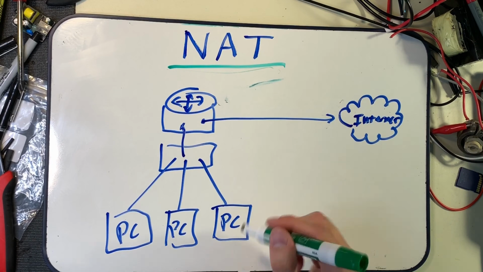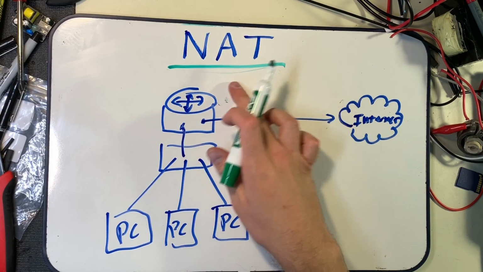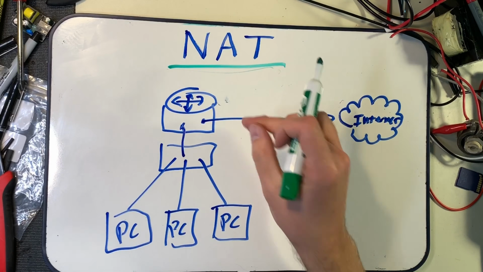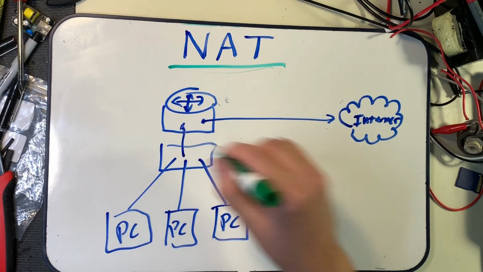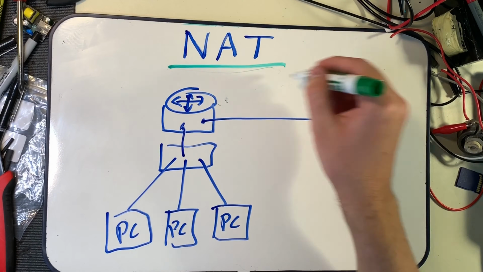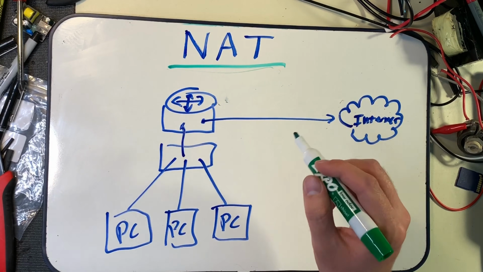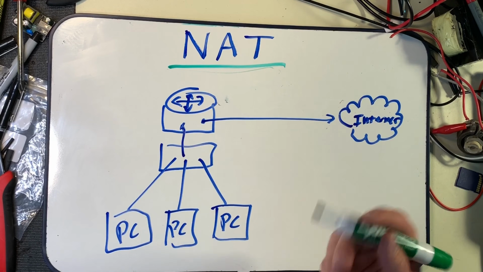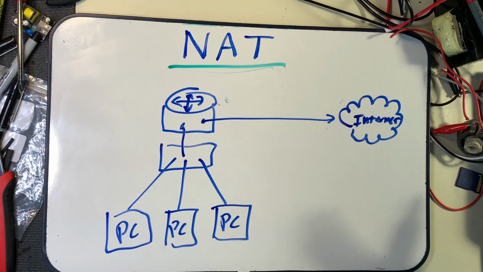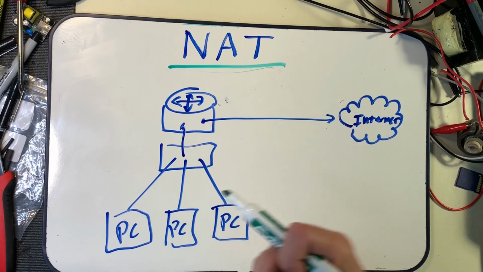But one thing to keep in mind is that in order for this to work at all, in order for the router to use all these machines and multiplex the data through a single IP address, the router has to know a lot about what the machines are trying to do, where they're trying to go, and what they're trying to receive.